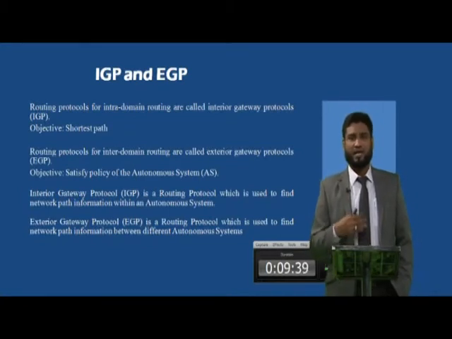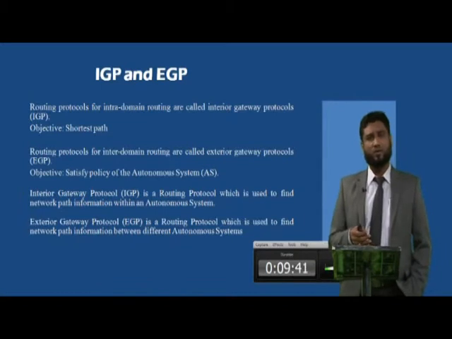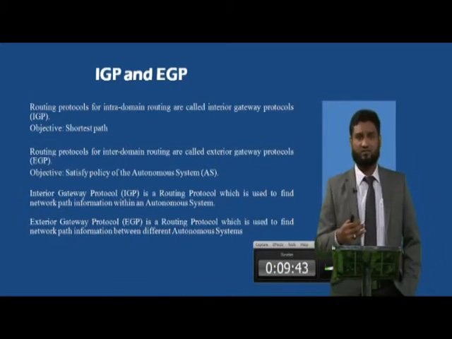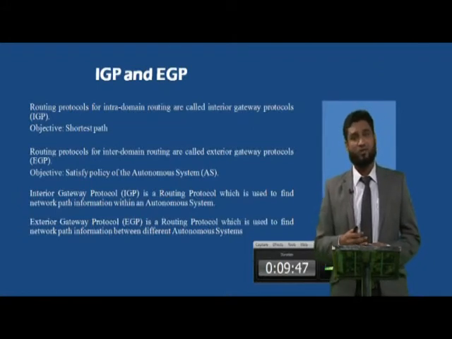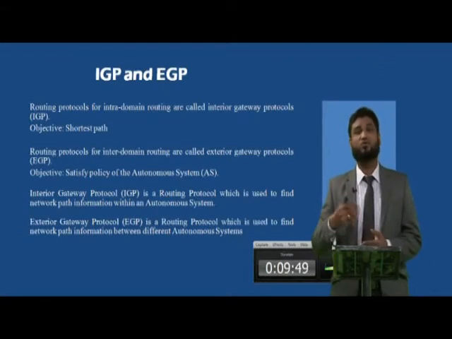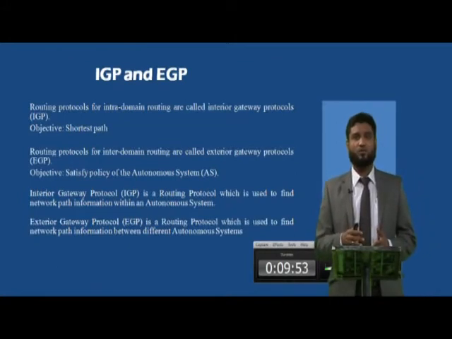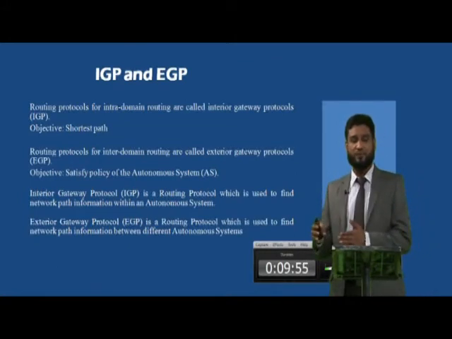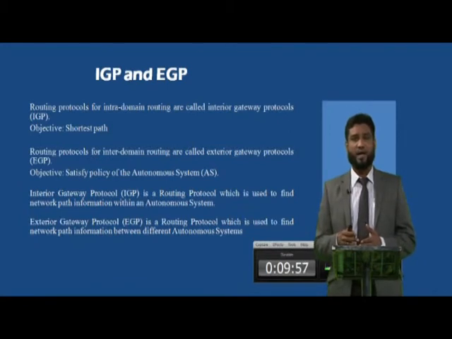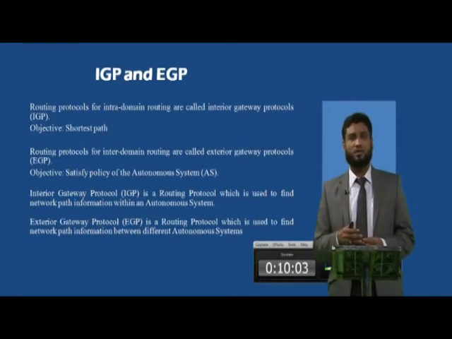With an exterior gateway routing protocol, I am trying to access other networks through a router outside of this autonomous system. That means I have one autonomous system and a different autonomous system, and if I want to access information in other remote networks, I have to use an EGP, an exterior gateway routing protocol.